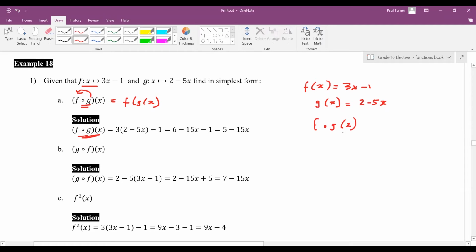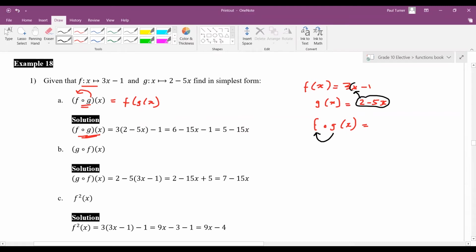for the variable x. So this is telling you to put the g function inside the f function. This is how we're joining the functions, okay? So we're taking the g function, which is here, and we're sticking that in the f function. So that needs to replace the x here, not anywhere else.